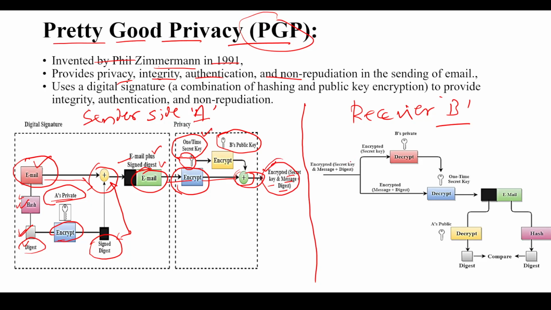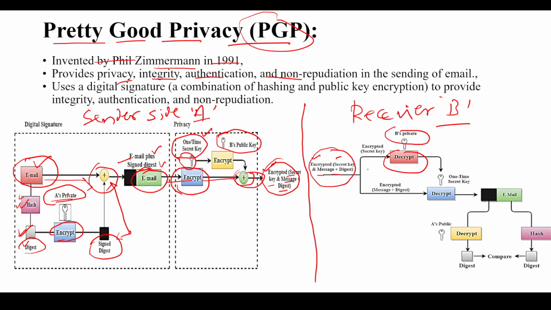Now what about the receiver stage? See here, the encrypted secret key and the message and digest are received at the receiver end. The receiver decrypts that secret key. Remember that in encryption we used the sender's private key, but here, sorry, in decryption we are using B's private key.